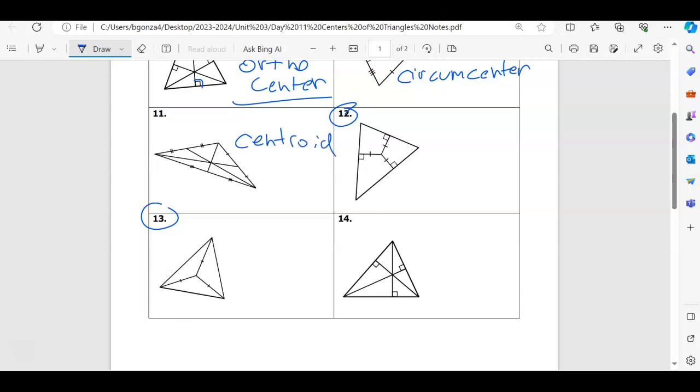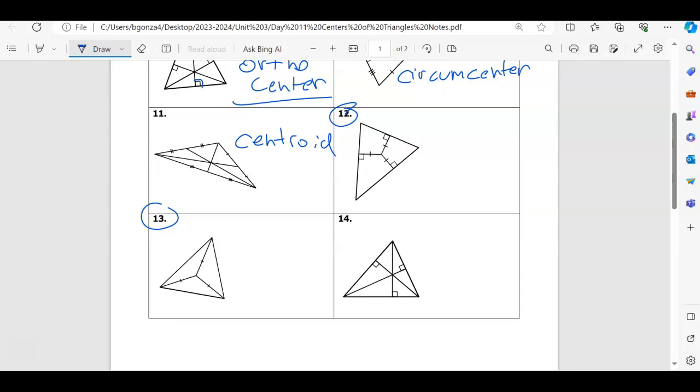Now, number 12. Number 12, I'm going to tell you, is not a circumcenter necessarily, okay? I know it kind of looks like it because there's a right angle there, but we don't know that these are midpoints, right? There's no tick marks here. On number 12, the only thing I see is that it goes from the center to the side and they're equidistant to each side.